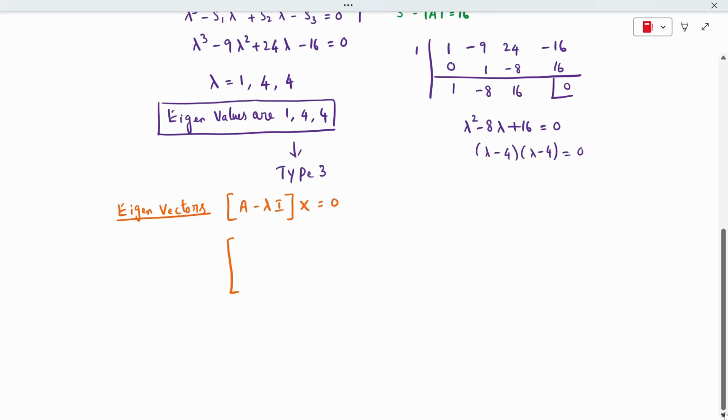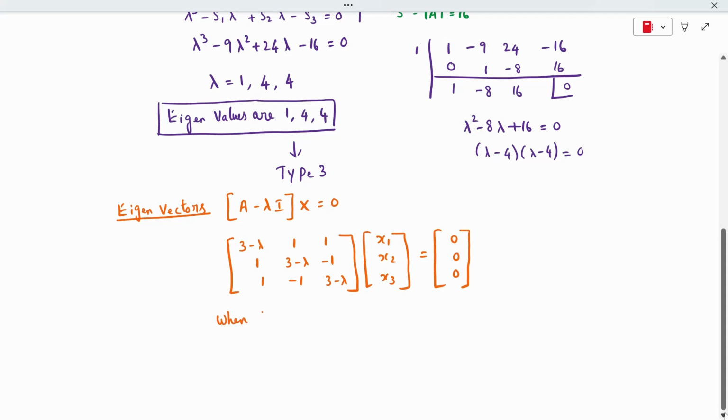When I write it in this format, I get the matrix with rows (3 minus lambda, 1, 1), (1, 3 minus lambda, minus 1), and (1, minus 1, 3 minus lambda), into x1, x2, x3 equal to 0, 0, 0.